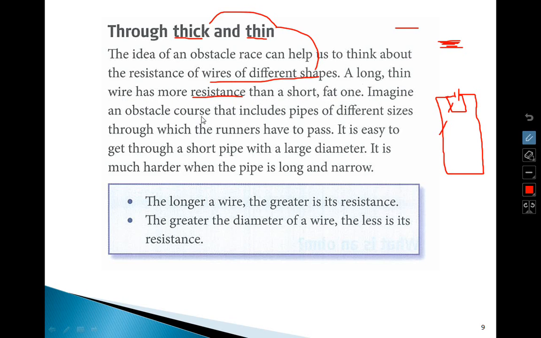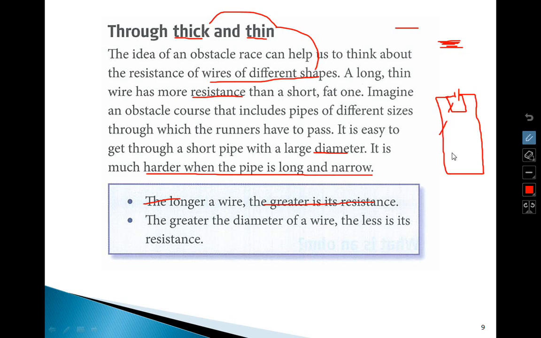Now imagine an obstacle course that includes pipes of different sizes through which the runners have to pass. It's easy to get through a short pipe with a large diameter, but it's much harder when the pipe is long and narrow. So what's the conclusion here? The longer the wire of the circuit, the greater its resistance.